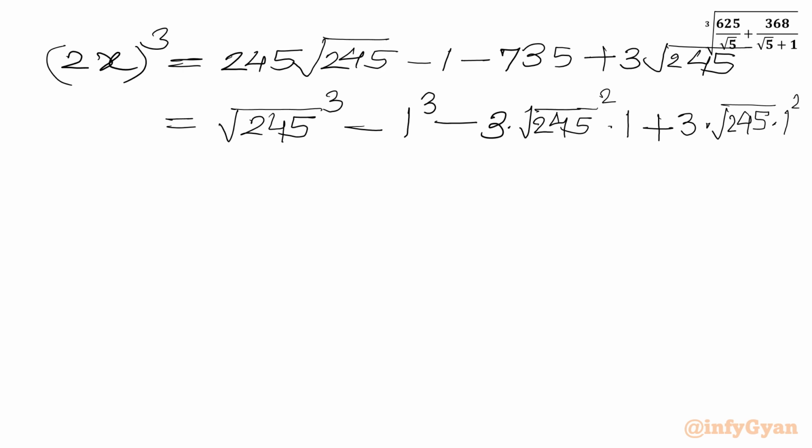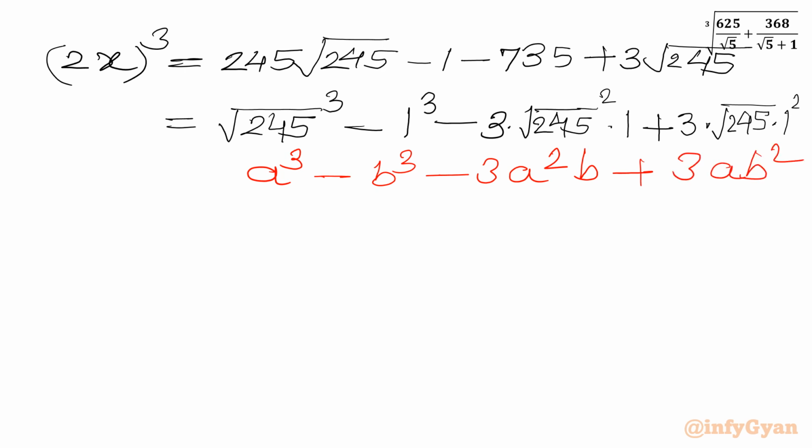Now let's recall one algebraic identity. If I consider a equal to square root 245, b equal to 1, then a cube minus b cube minus 3a square b plus 3ab square will be equal to a minus b whole cube. So we'll use this formula for our RHS.